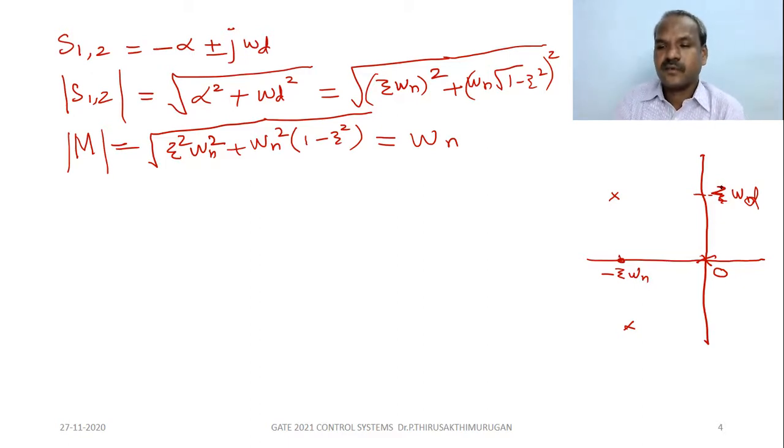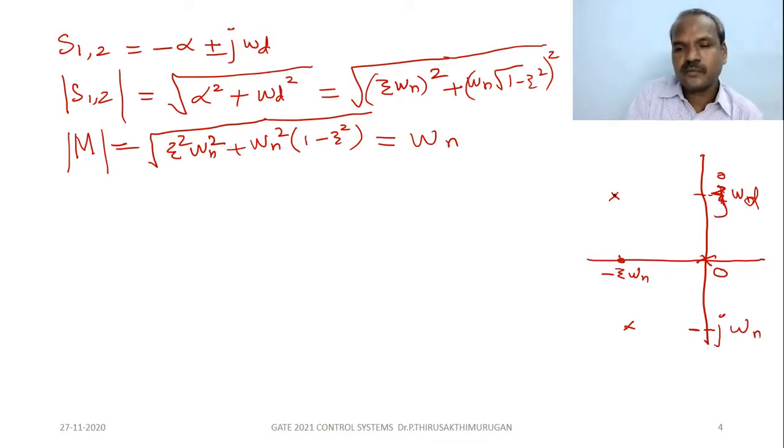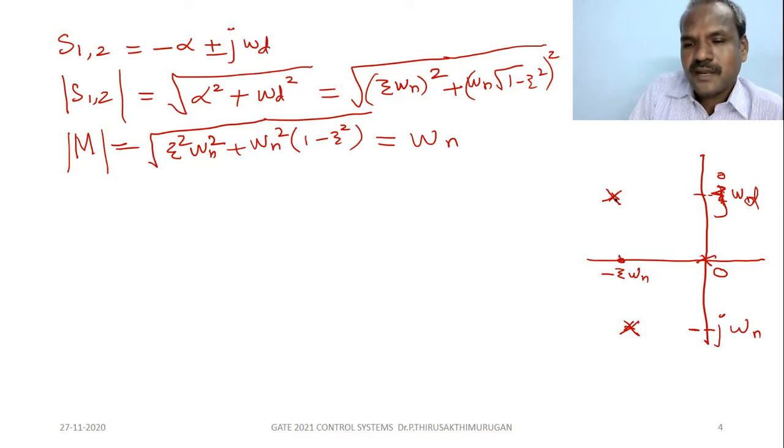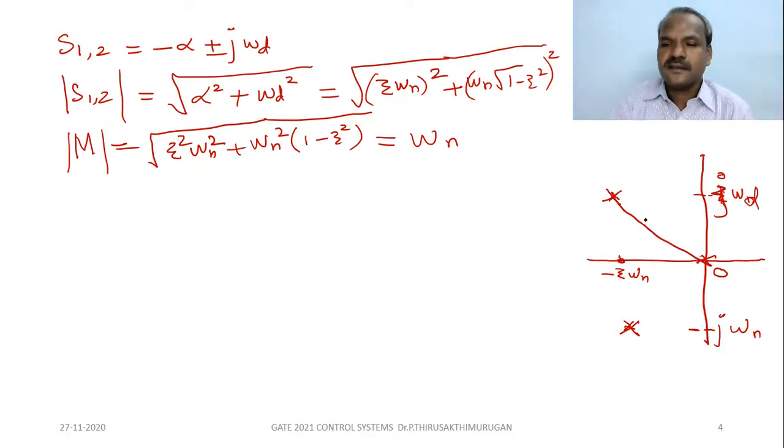This is omega d in the complex domain. This is plus j omega d, and this is minus j omega d. So these are two complex poles, S1 and S2. The line joining this point to the origin has a length of omega n.